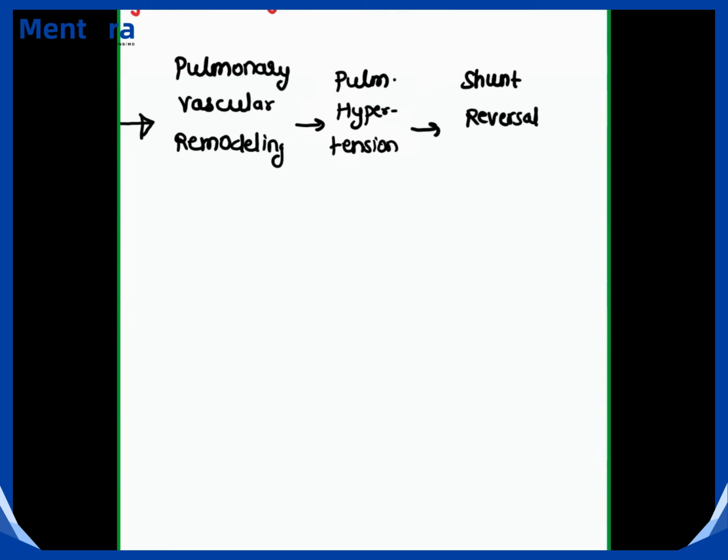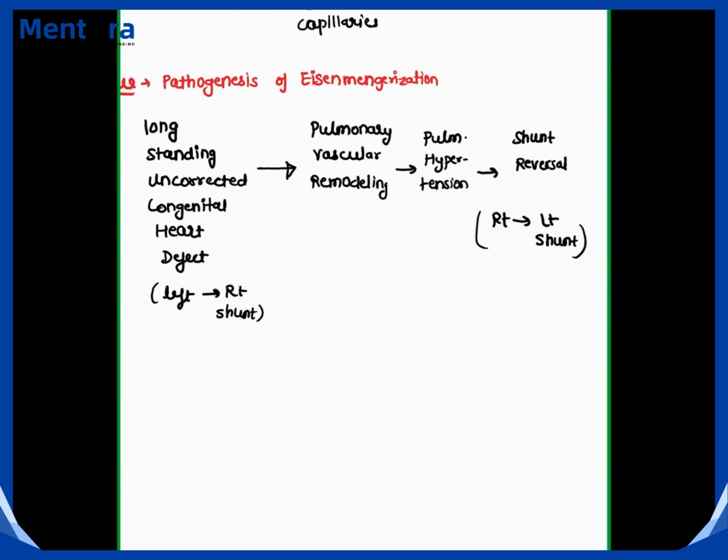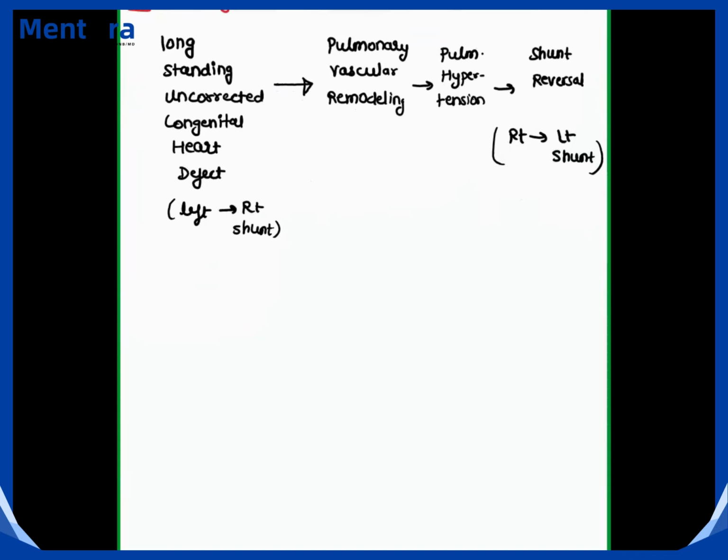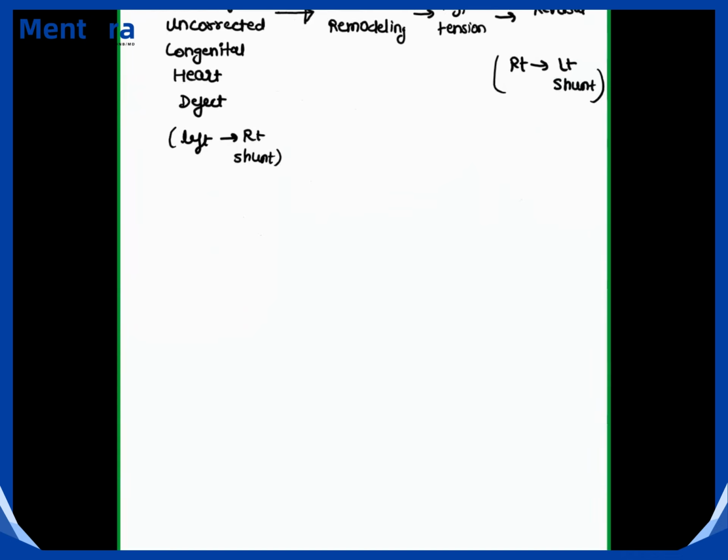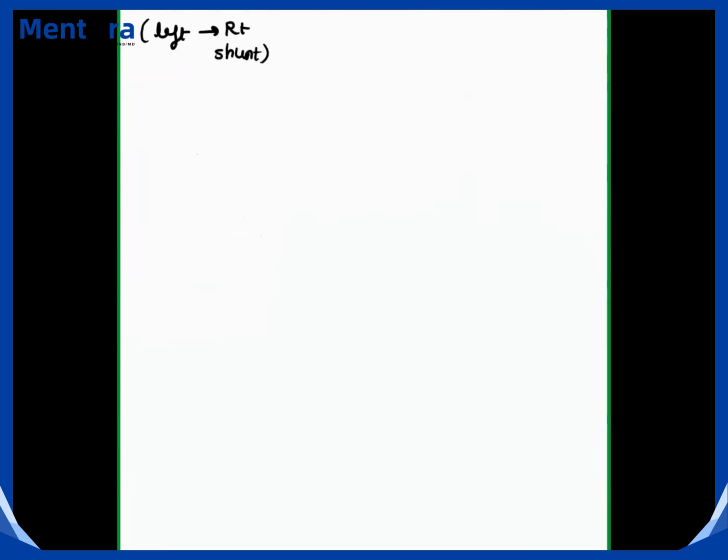That means that left to right shunt converted into right to left shunt, and this conversion is called Eisenmengerization. Let's learn this stepwise process.